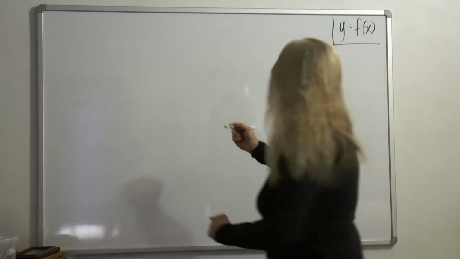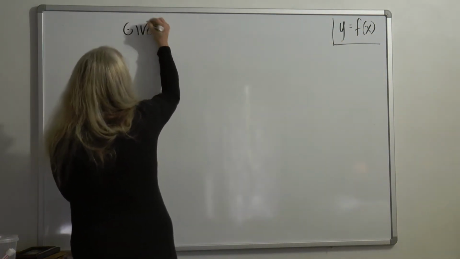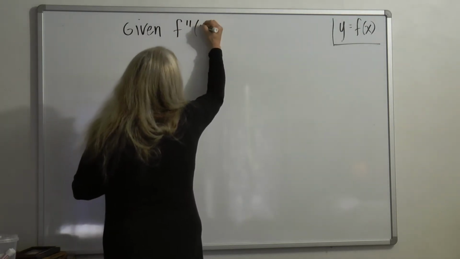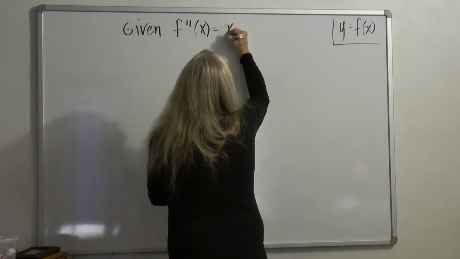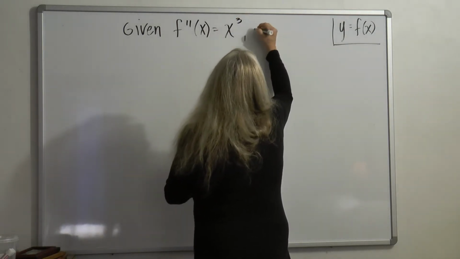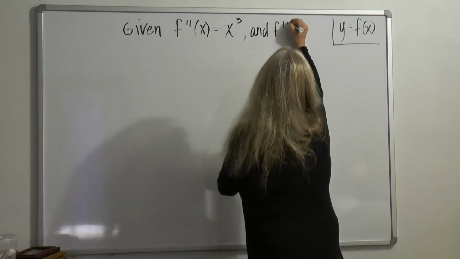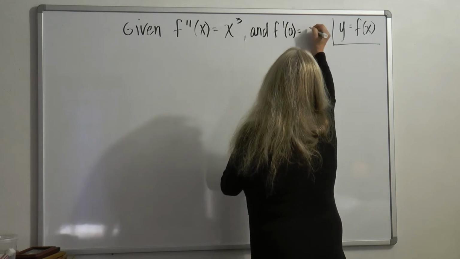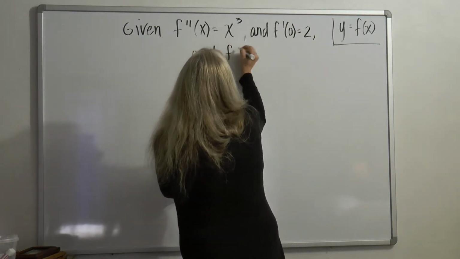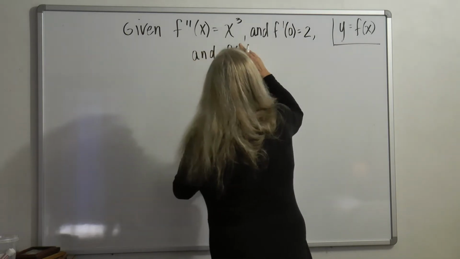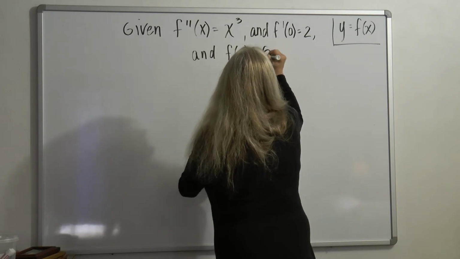Okay, so suppose that we are given that f double prime of x is equal to, say, x cubed. Okay, and I know that f prime of 0 is equal to 2, and say I know that f of 1 is equal to 5.